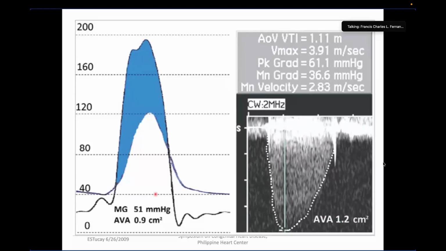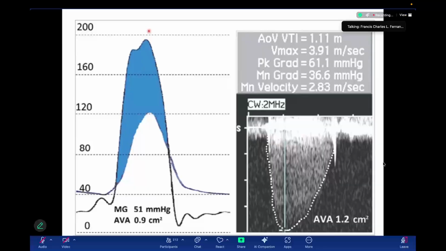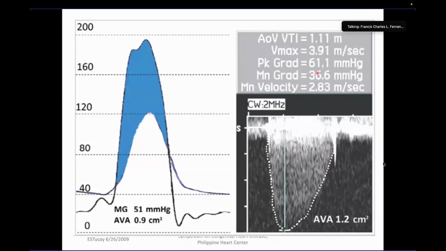However, when you do the transduction in the cath lab, if you have questions about it, the gradient on the right side is around 36 only, no? But the peak gradient is 61. So it diagnostically is aortic stenosis. Here you have a mean gradient of around 51 as opposed to 36.